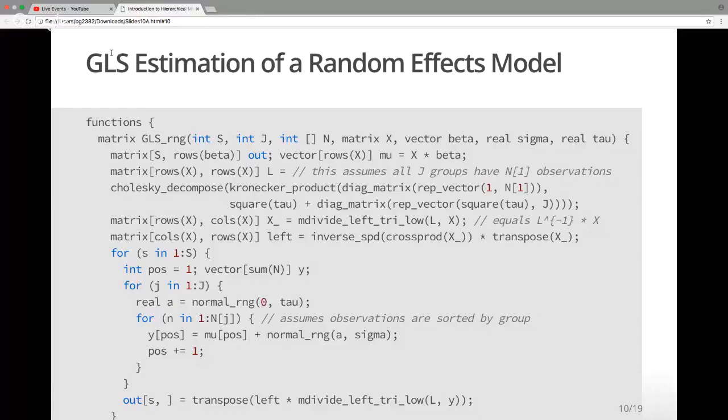One of these should be sigma. Anyway, a diagonal matrix with the error standard deviations, Kronecker product, those two things together, and you now have a sum n by sum n covariance matrix of the errors.